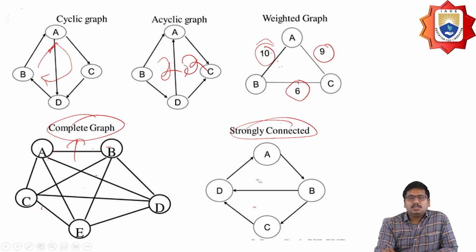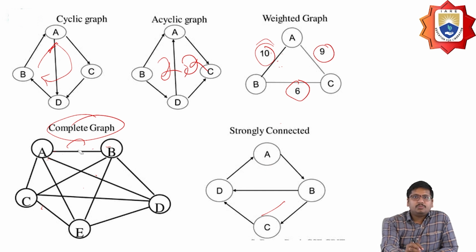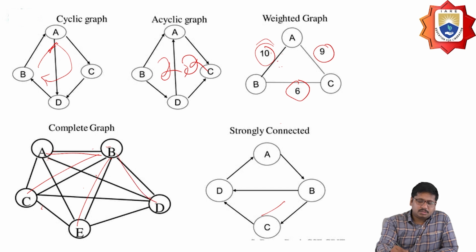Let us consider this: D to A, A to B, B to D, B to C. Strongly connected graph means that whenever there is an edge between pairs of vertices, it is strongly connected, and complete graph means there should be an edge between every pair of vertices.